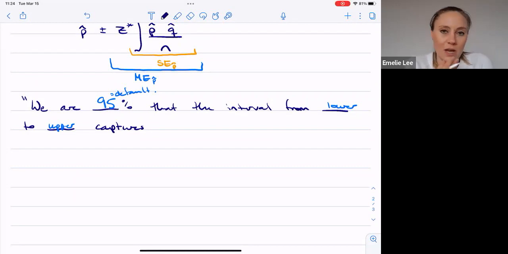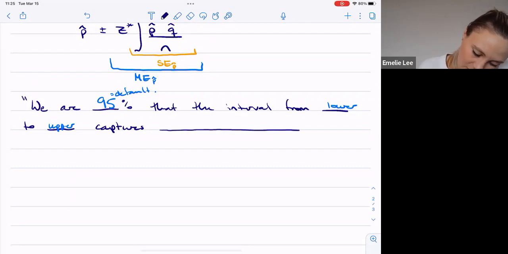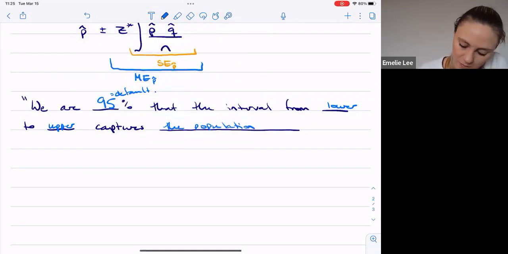You would have to fill that in with whatever the population is. Captures blank, which in our case is going to be the population proportion.